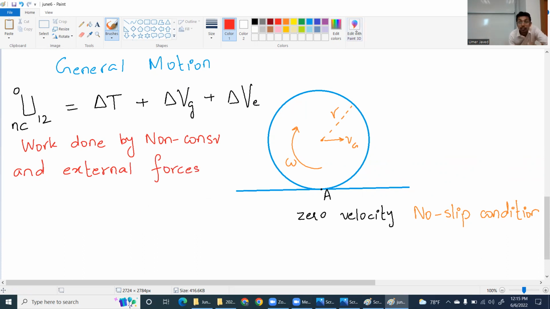Okay, then why don't you all help me with this part? U12 will be equal to integral 1 to 2. I'm talking about outside and non-conservative. So anyone who can help me, it will be integral F, this is rigid body kinetics, remember, plus integral 1 to 2 C dot d theta.